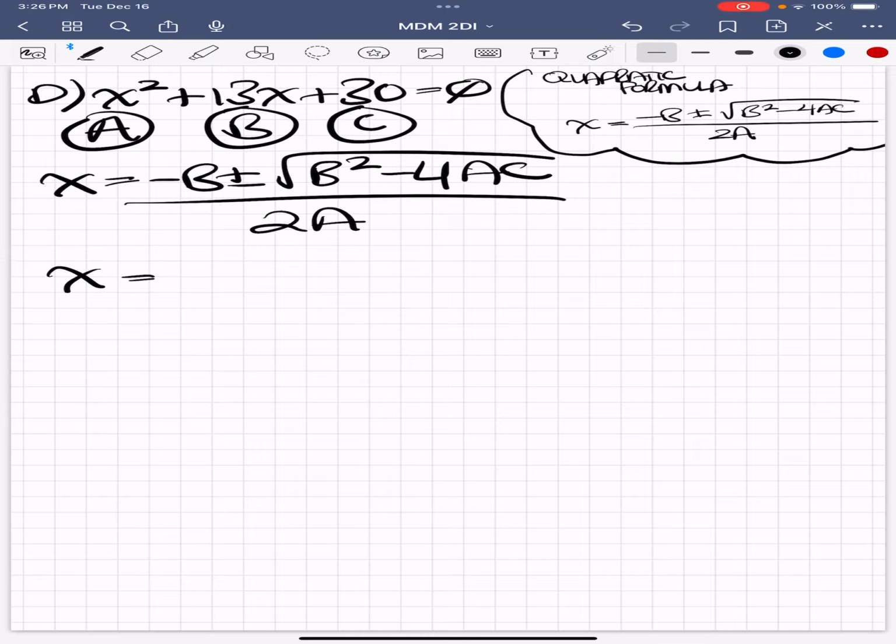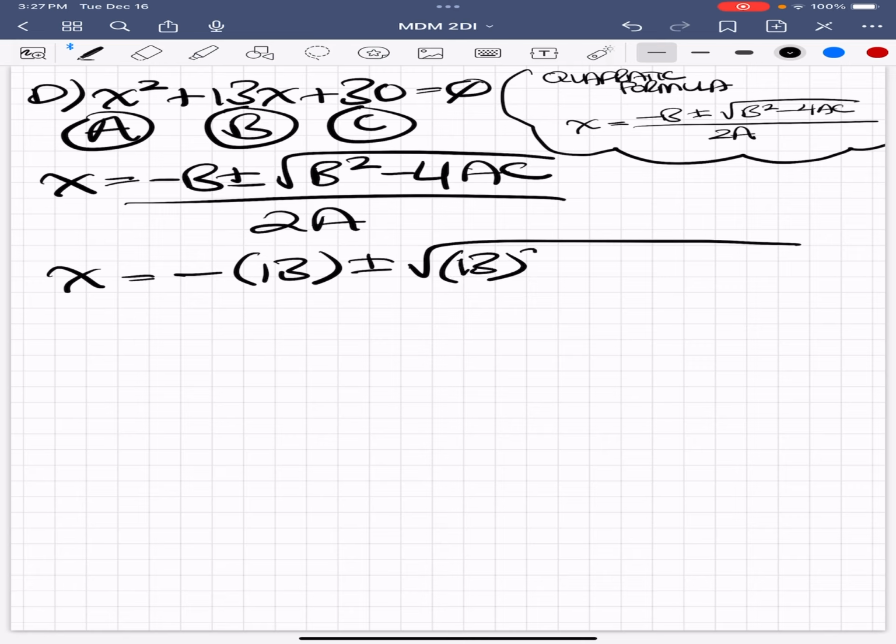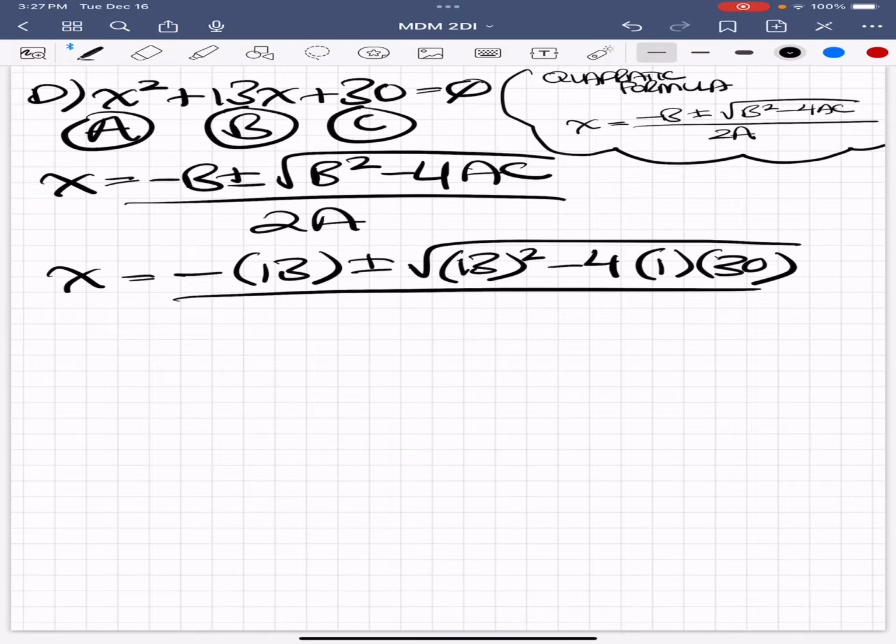Then we're going to input our a, b, and c values, and then we're simplifying the discriminant.